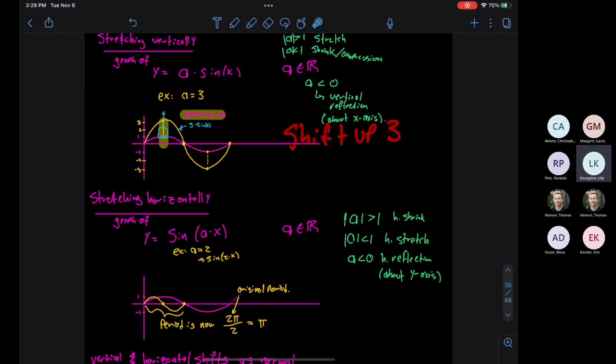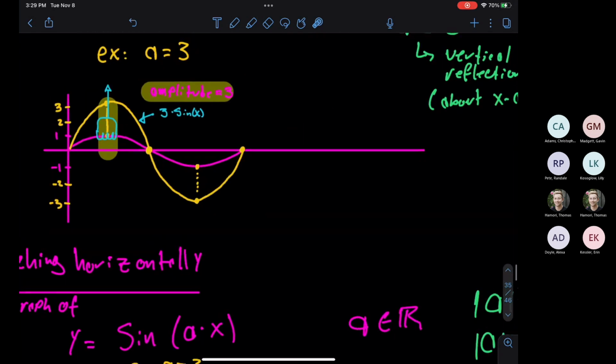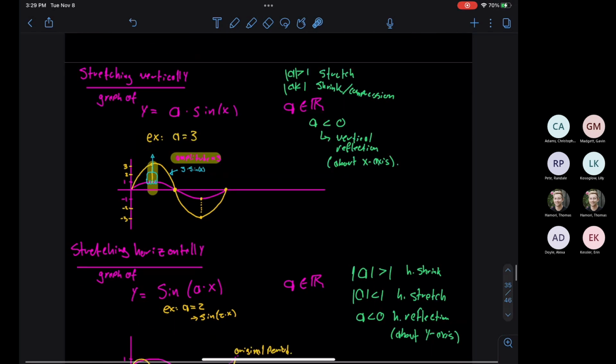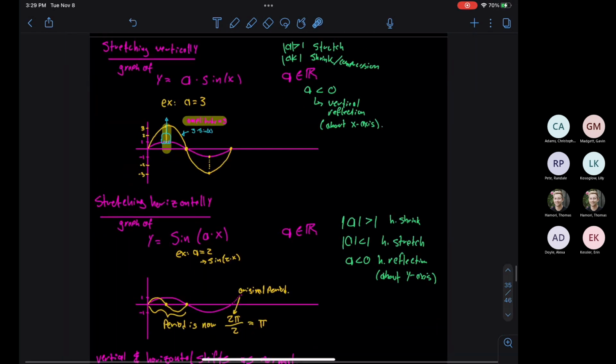Y equals sine of x plus 3. Exactly. All we do is just add 3. And then all you're going to do is take this whole thing and move it up 3 units. Okay. So same old transformations from before.